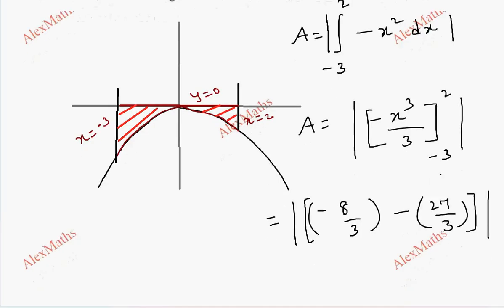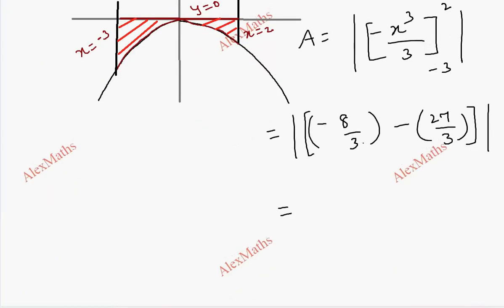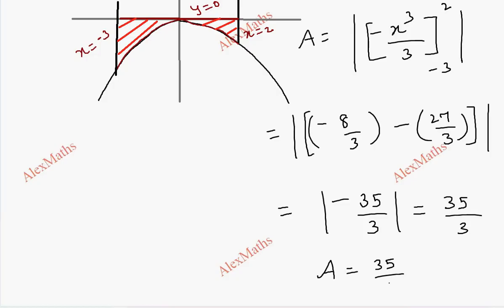So finally this is minus 35 by 3, so we take the positive value 35 by 3, so the required area is 35 by 3 square units.